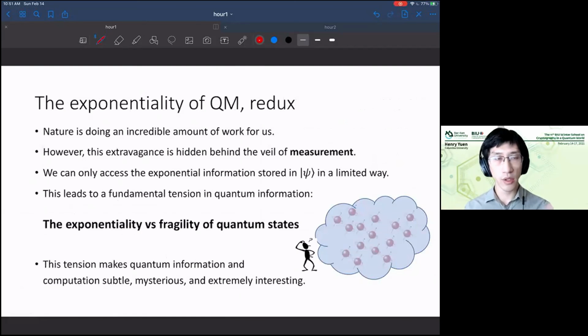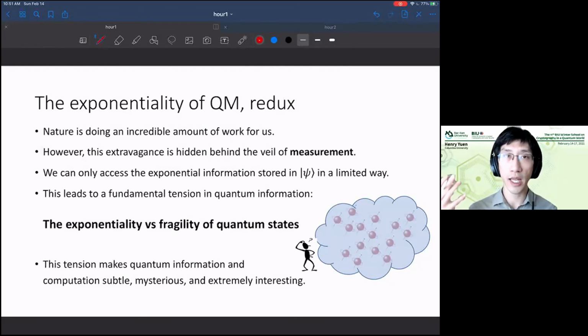That tells you that nature seems to be doing an incredible amount of work for us, but all of that extravagant work is hidden behind the veil of measurement. You can apply this unitary to this n qubit state, but if you actually wanted to extract any information from this computation, you have to do a measurement. And we've seen that measurement is destructive.